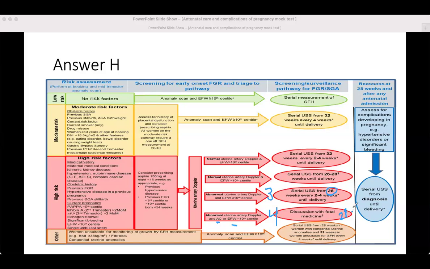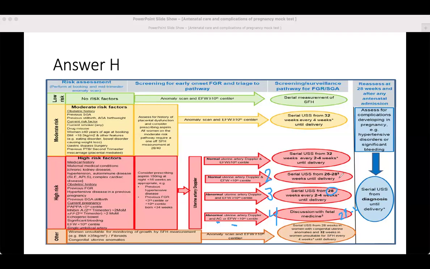Yes, Dia, yes, Dr. Benita, correct. In condition number 2, the serial ultrasound scan is started from 26 to 28 plus 6. This is the starting time for the serial ultrasound scan for this baby.